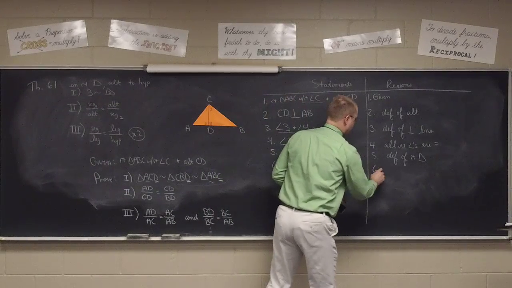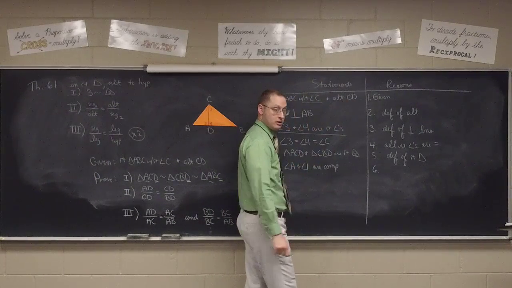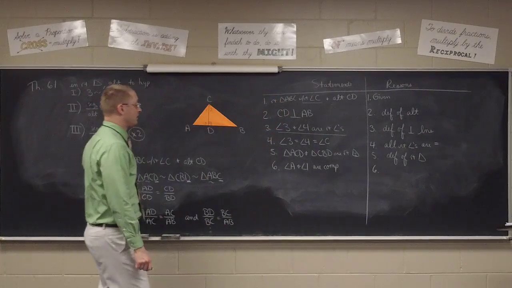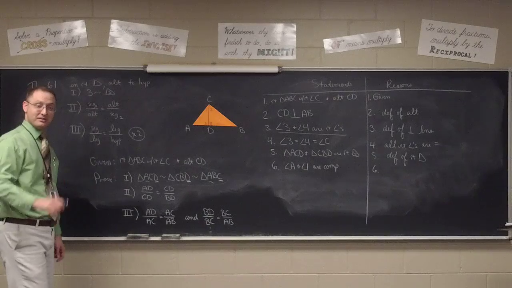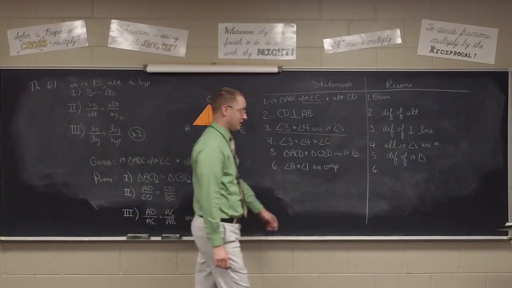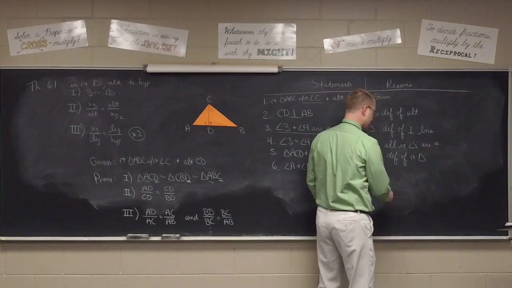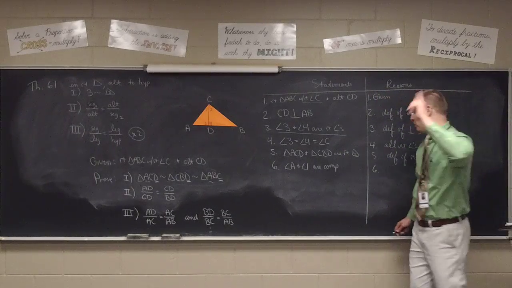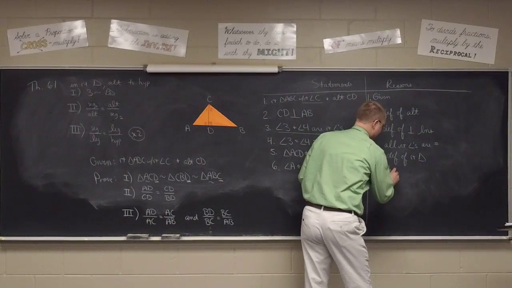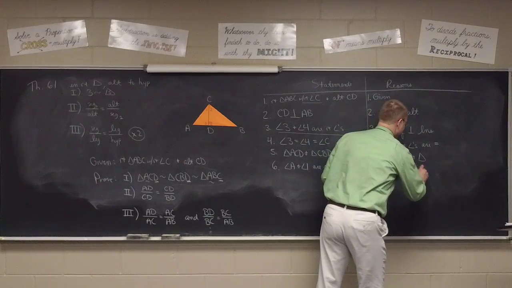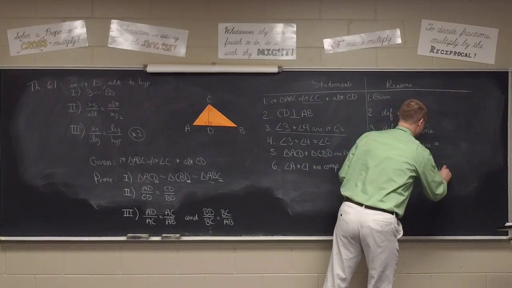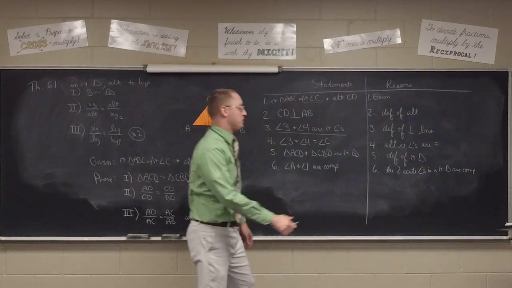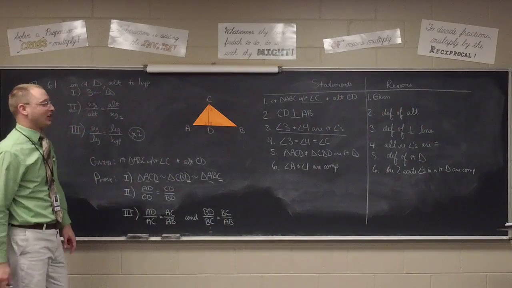We know this, Ethan, because the two acute angles in a right triangle are complementary. Good, Genesis. Say that with me, class. The two acute angles in a right triangle are complementary.